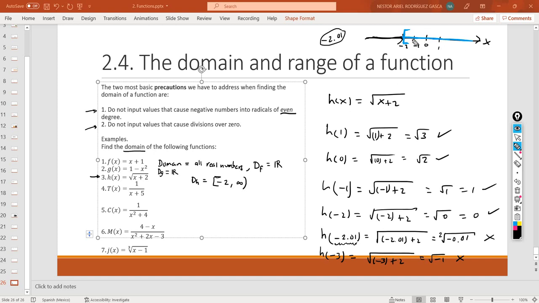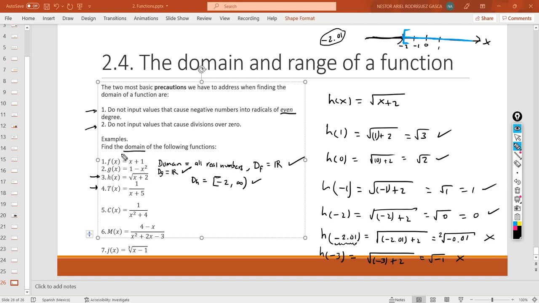When you go all the way towards the right, you have to put infinity. Any one of those numbers will work just fine. So one domain, another domain, another domain.